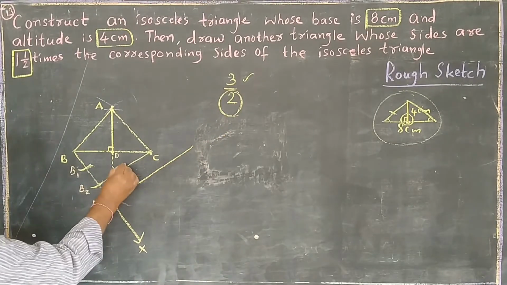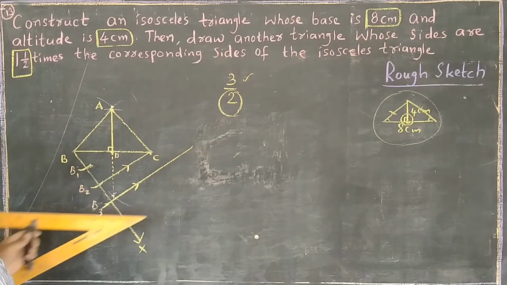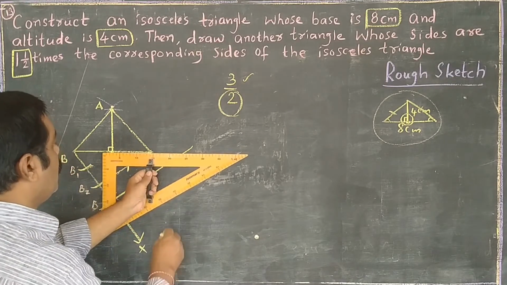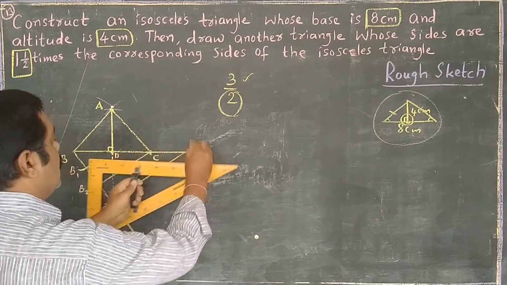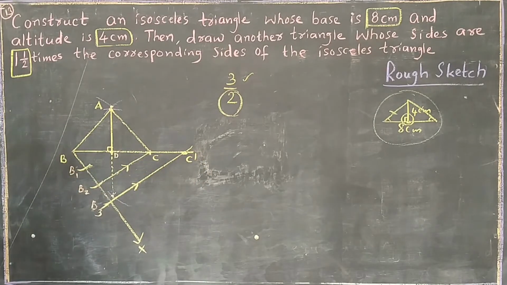These two lines are parallel, and produce BC. Both intersect at the point we call C dash.